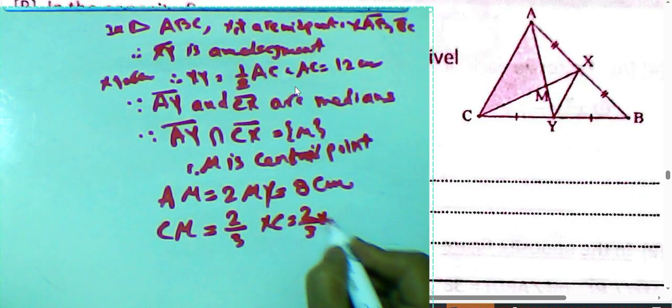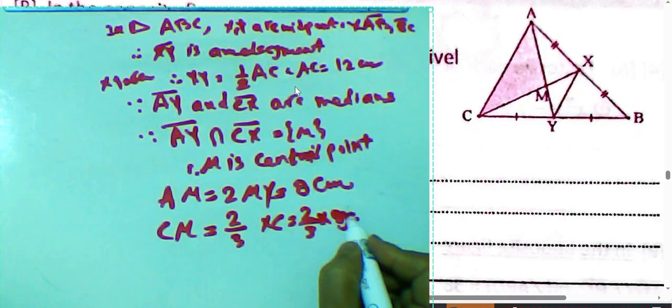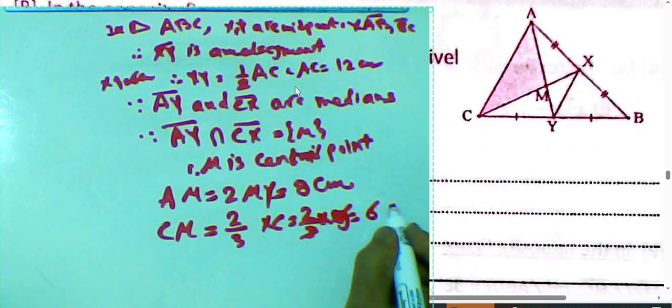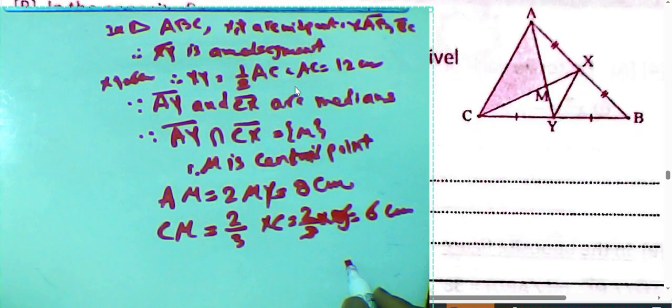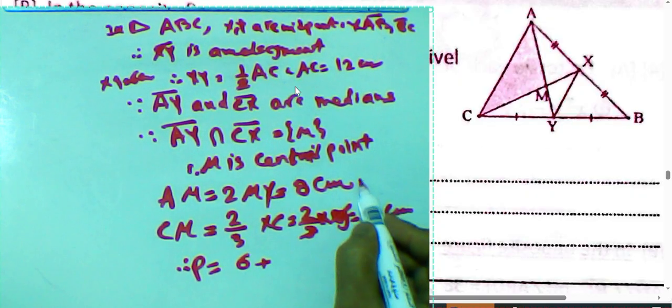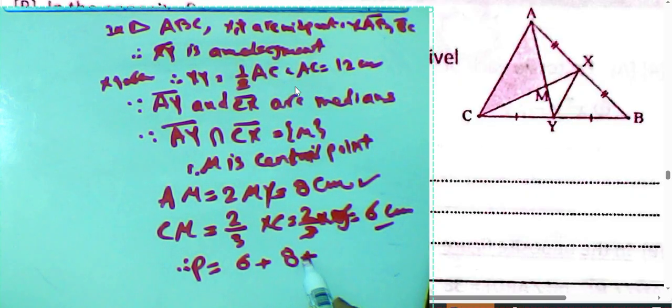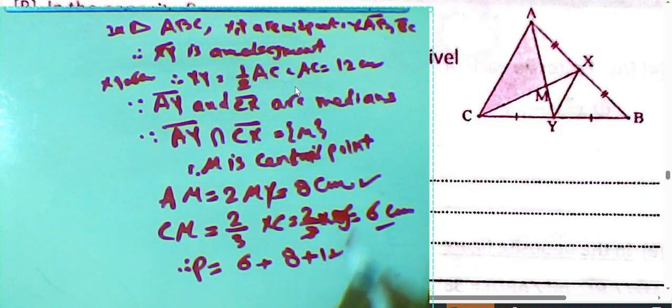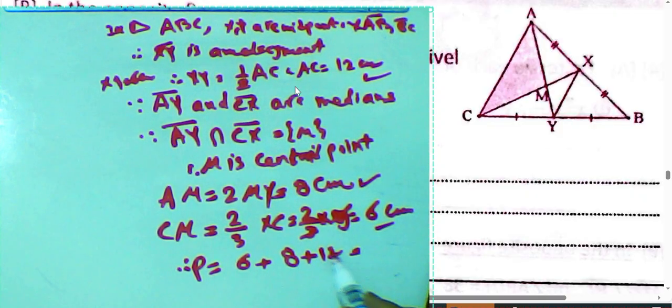The length of XC was 9. 9 divided by 3, 3 times 2 equals 6. It will be 6 centimeters, CM. Then the perimeter we can collect: 6 plus 8, the length of AM, and the length of AC was 12. 12 plus 8 is 20. 20 plus 6 is 26. And the perimeter will be 26 centimeters.